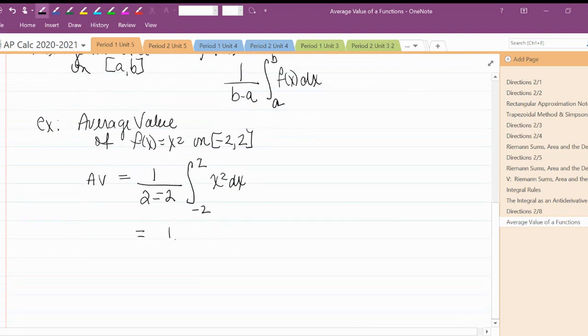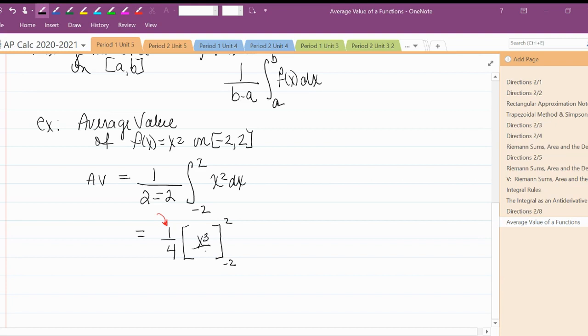So this would be 1/4. Now we're going to find the antiderivative. This time, since I have this out front, I'm going to use double brackets. We know we need the brackets here for our antiderivative lower to upper limit.